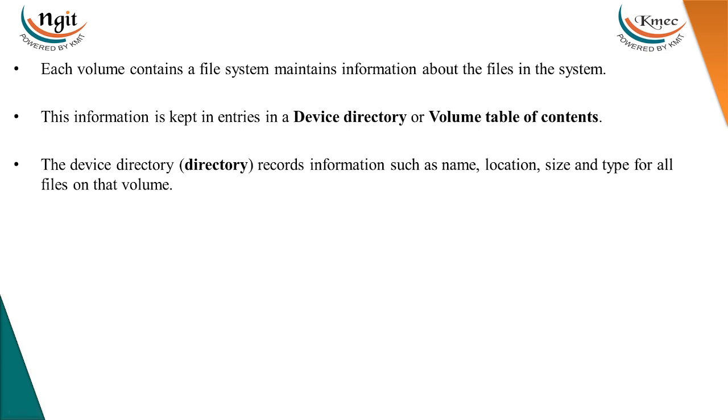Each volume containing a file system maintains the information about the files in the system, and this information is kept in entries called the device directory or volume table of contents. The device directory records information such as the name, location, size, and type of all files on the volume.